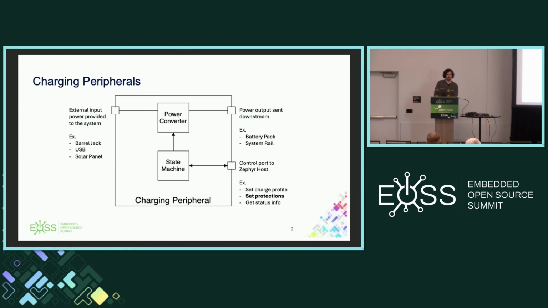Going back to the block diagram here of the charger device and peripherals, the other responsibility of the Zephyr host is to set some of the protections. This charging peripheral is an application-specific power converter, so it typically has some integrated protections.